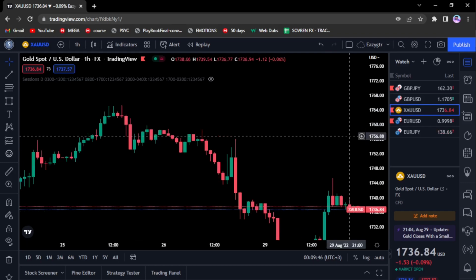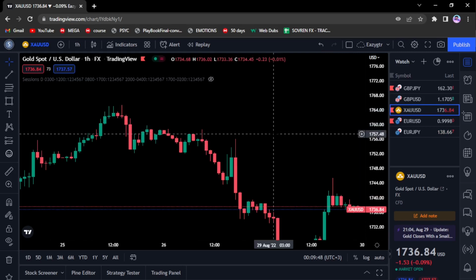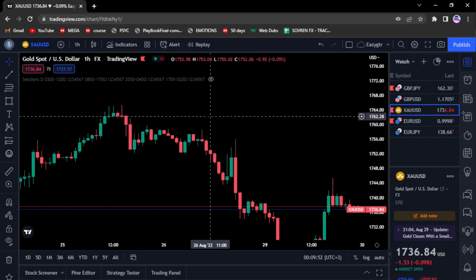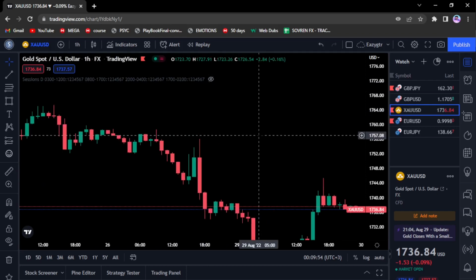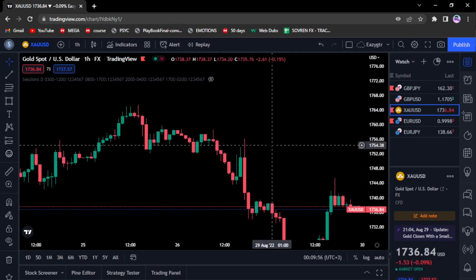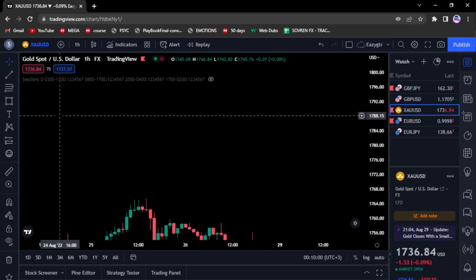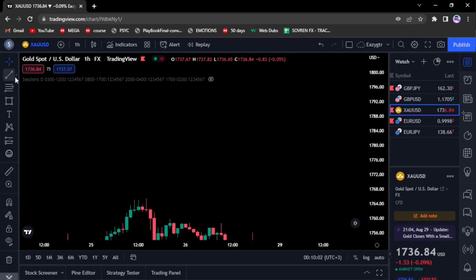Okay, so today's strategy is purely price action, break and retest, and all of that good stuff. What I want you to understand is how the market moves.